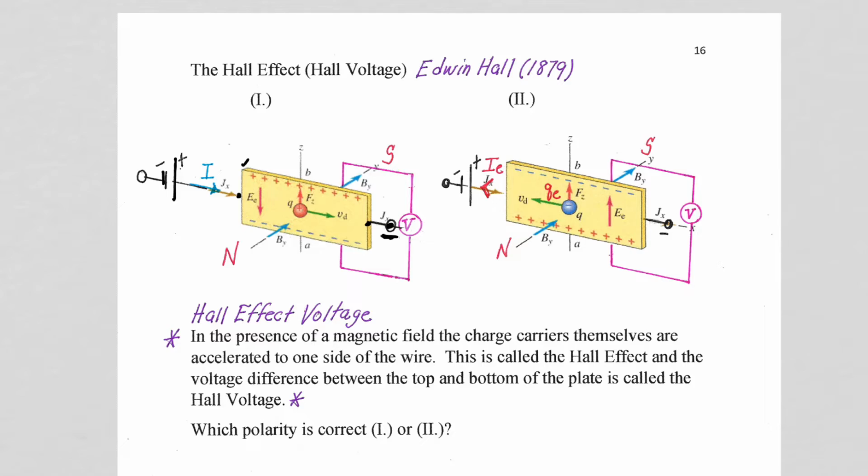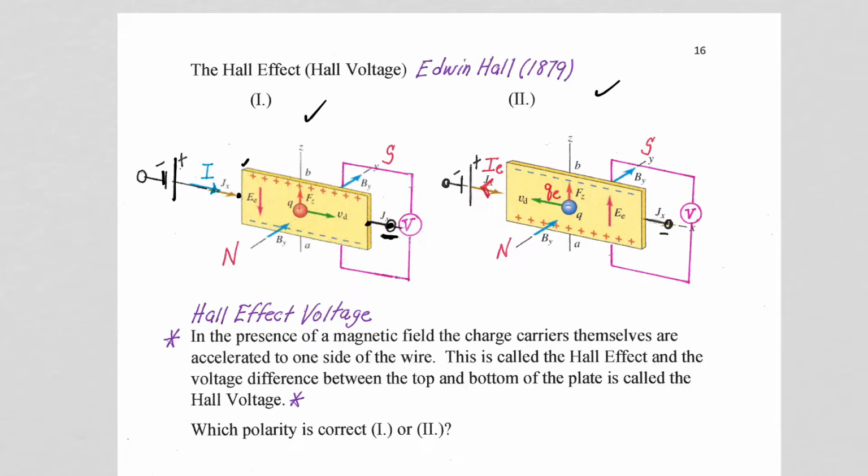I have it drawn in a linear sense here, but we would actually have to connect it back to the negative terminal of the battery in actuality. And we are going to measure the voltage on the top of the plate relative to the bottom of the plate, as we have here and here.